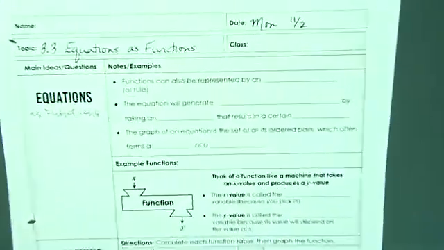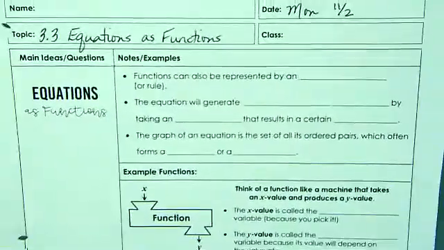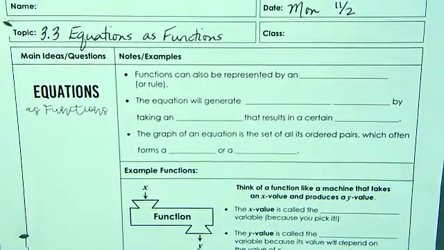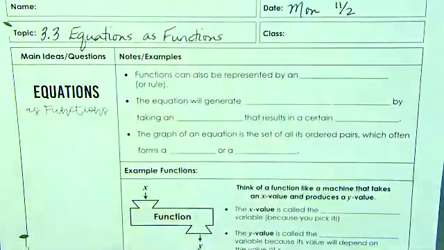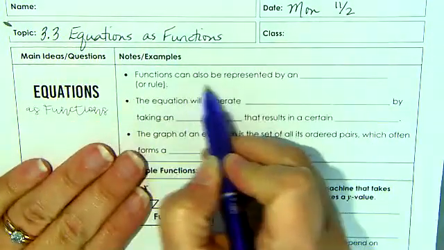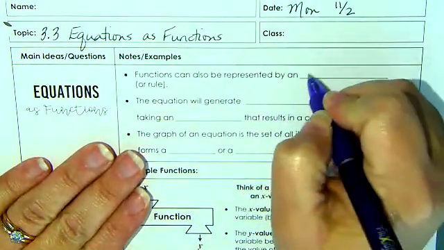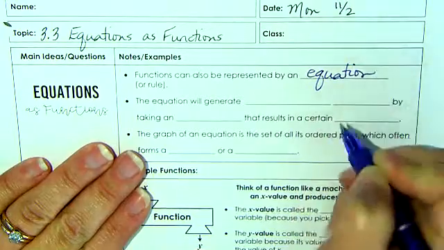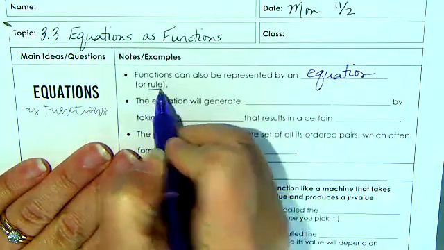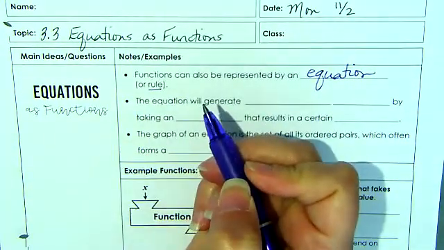And today we are carrying on with our functions information. We're talking about 3.3, which is equations as functions. Functions can also be represented by an equation or a rule. It's like the mathematical or the algebraic rule.